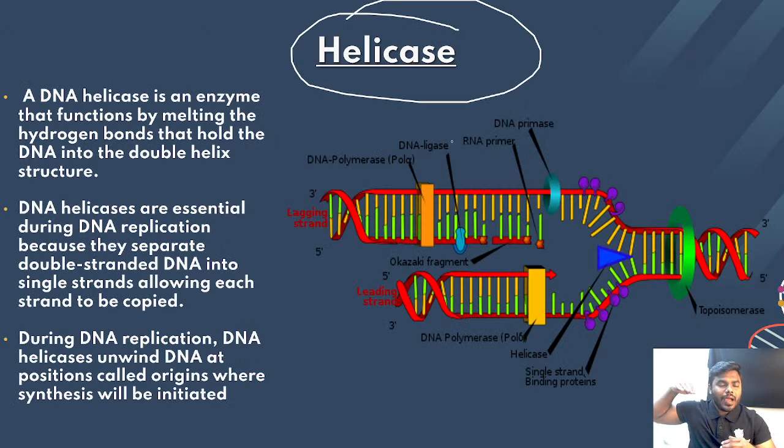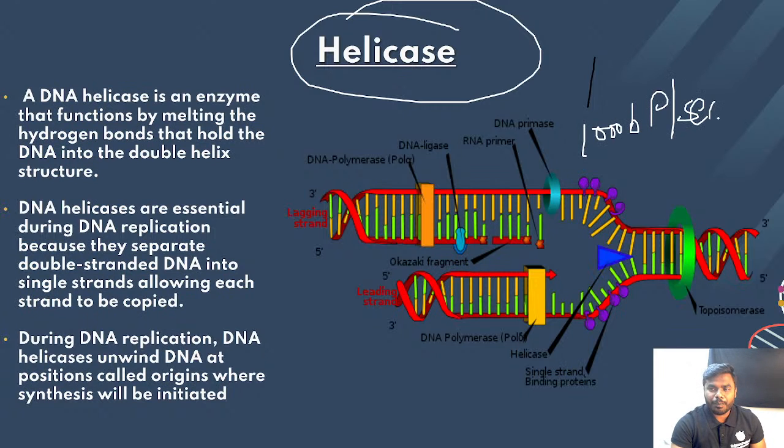Now I have told you one important point. The helicase enzyme moves very fast. We discussed that helicase moves 1000 base pairs per second, so in one second it keeps opening 1000 base pairs. What is the point you have to remember here?